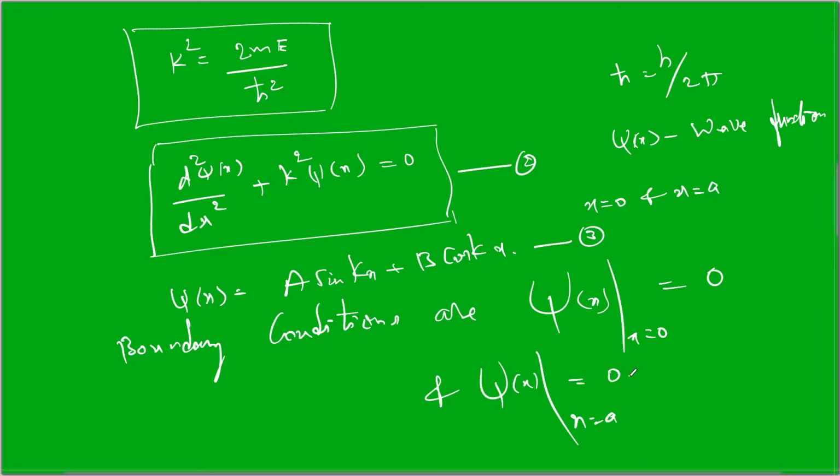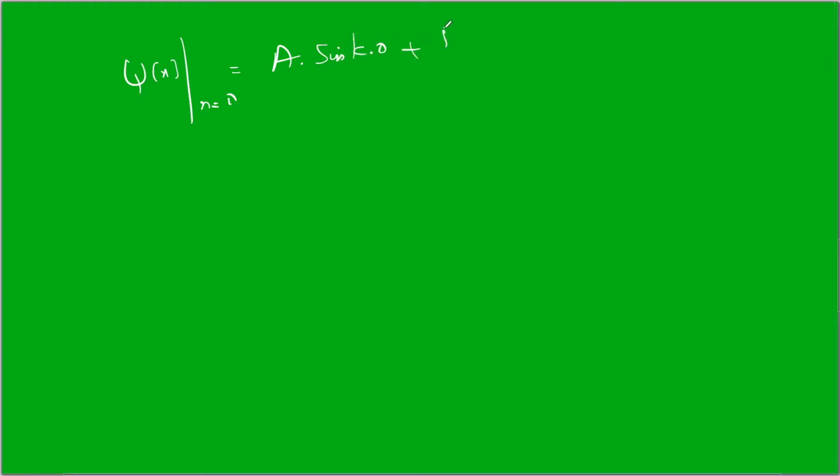We'll apply the first boundary condition, that is psi of x at x equal to 0, to the wave function. Then you write A sine k0 plus B cos k0.